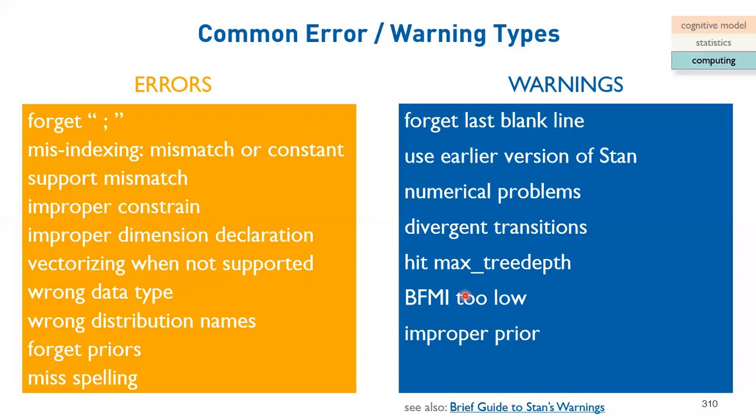It doesn't really mean the model is wrong. If you are just translating some model in a paper to the Stan language, and the model worked well in the paper, why does it not work here in your case? It doesn't really make sense. So if you see these three warning messages, this doesn't mean the model is wrong. What it means is that maybe the model is a little bit numerically difficult to sample from.